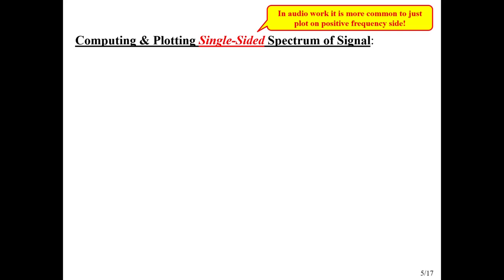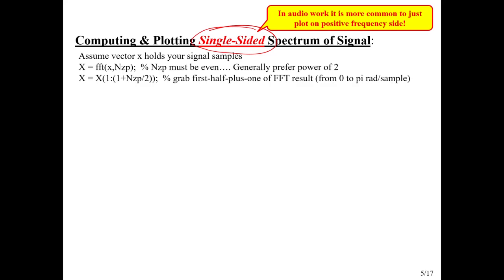And as I'll show, when we want to do a log frequency axis, the negative frequencies really get in the way. They cause a problem. So lots of times we're just interested in looking at single-sided spectra, so just the positive frequency side. Notice that I still do the FFT the same way, but no FFT shift.